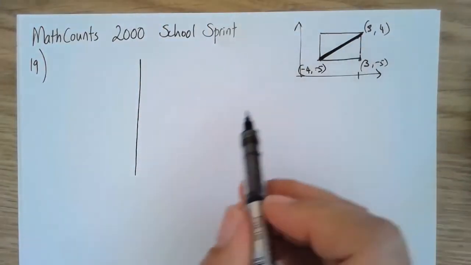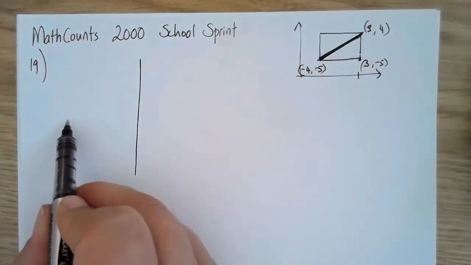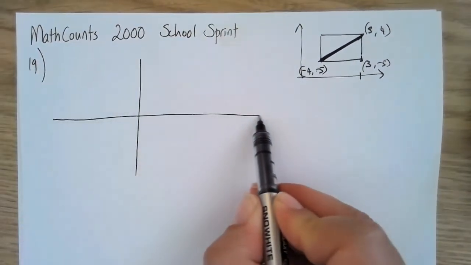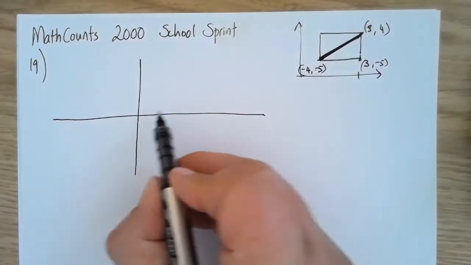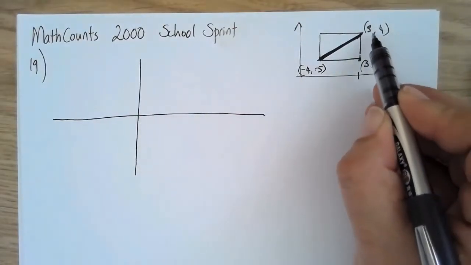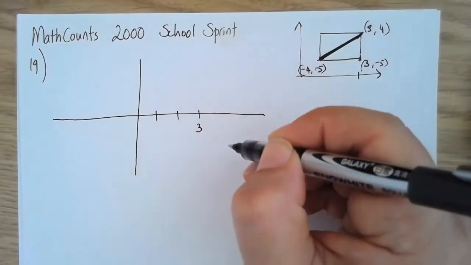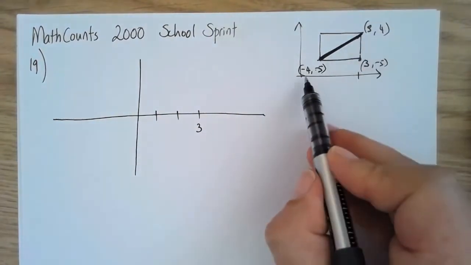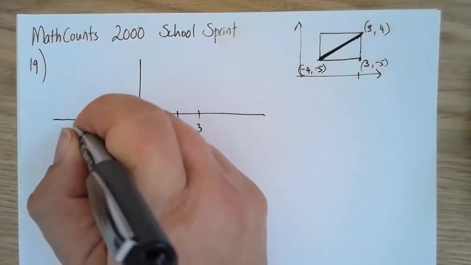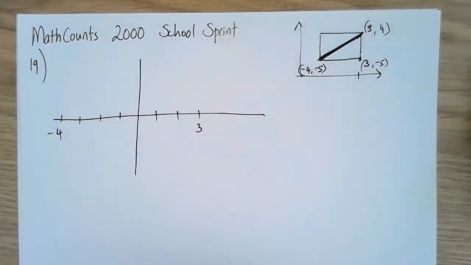Even if you didn't know what a diagonal was, actually plotting it is a good idea. I use the numbers I've got, so I need to go at least up to 3 on the x, and -4 on the x.